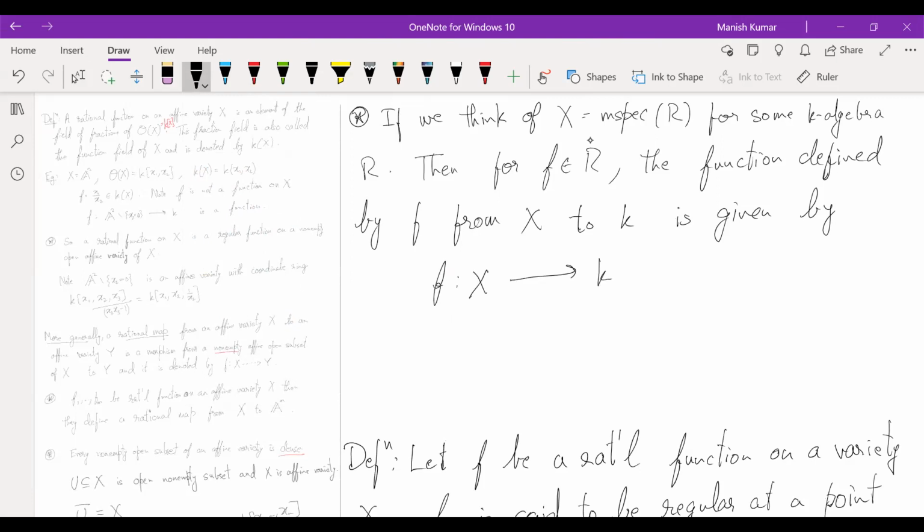What is this map? Points of X we are thinking of as maximal ideals of R, so where should this maximal ideal M go to? Which element of K?